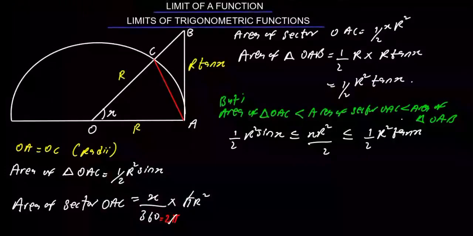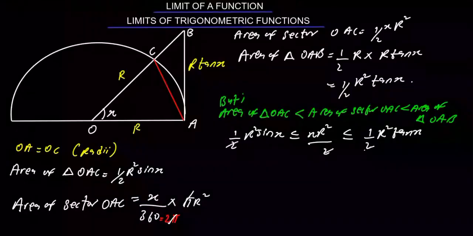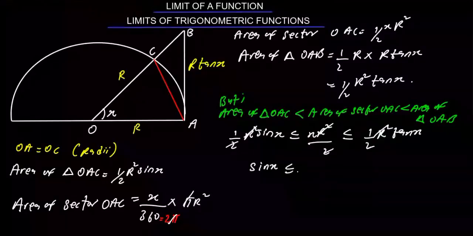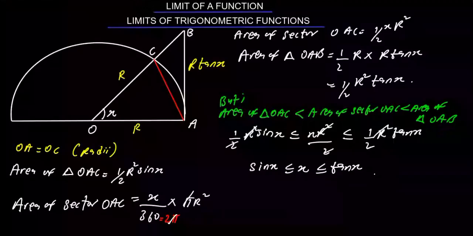And if you observe what I'm having here, I can divide through by the 2 and also divide through by r squared. Then I'll be having sine x less than or equal to x less than or equal to tan x.